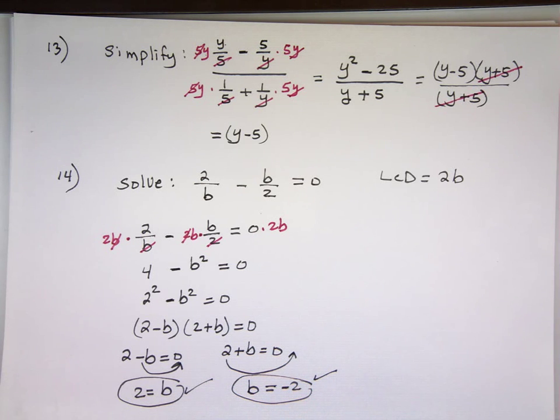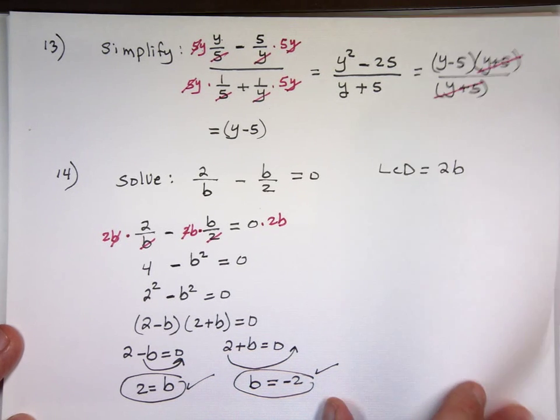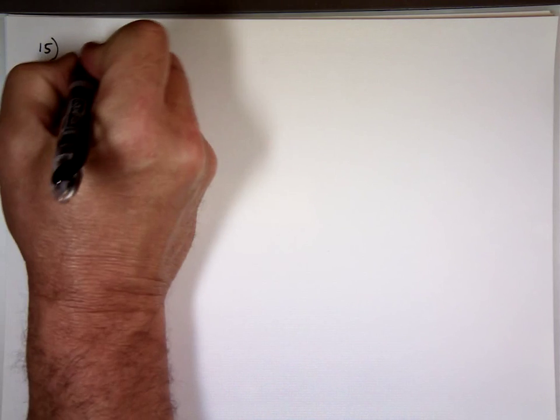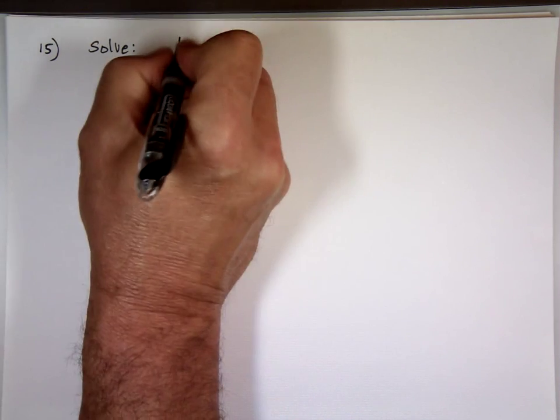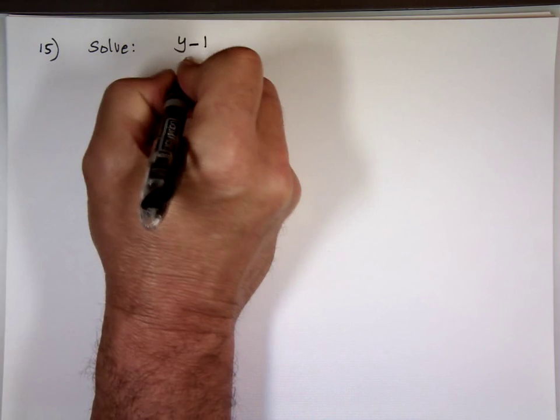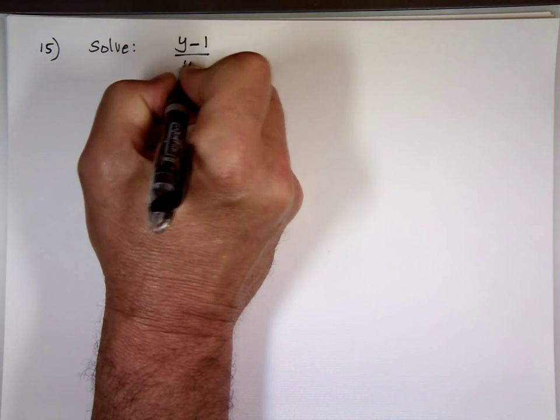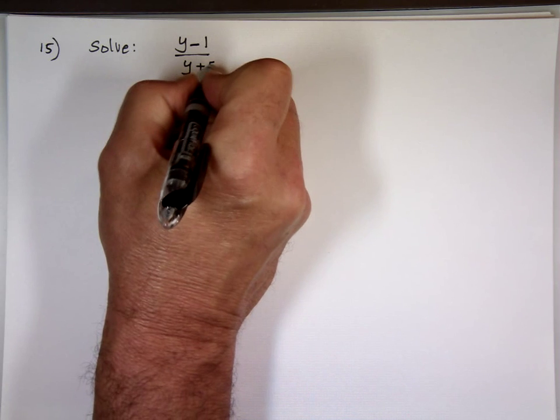A couple more examples here. Solve y minus 1 over y plus 5 equals 1/2.